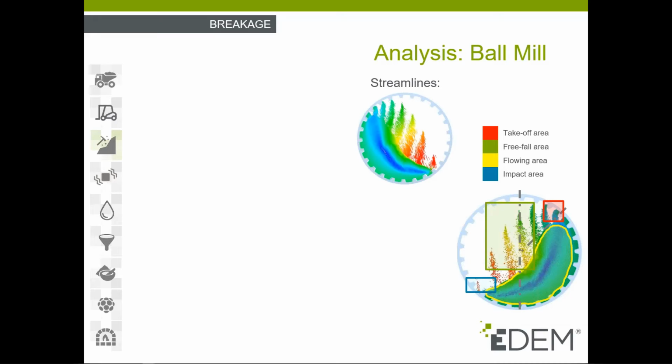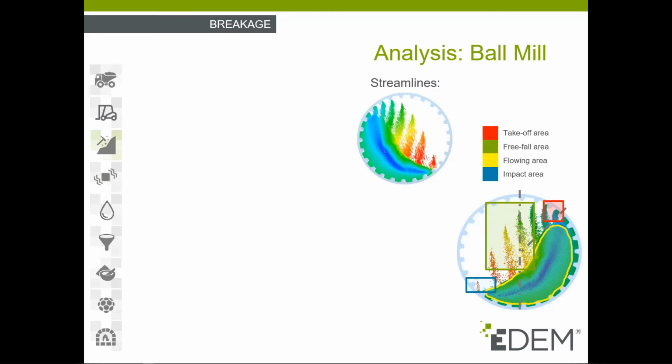So it's interesting to visually analyze the material flow behavior. And that's why coloring particles and geometries according to their properties, for example, forces or velocities, is very useful to understand the process. For example, this image at the bottom right shows different areas of flow.